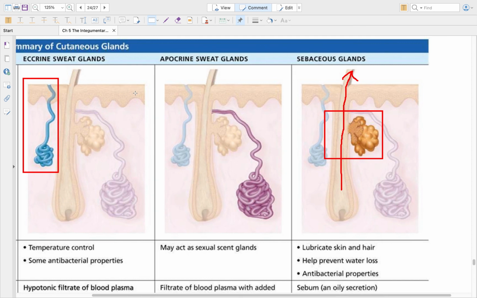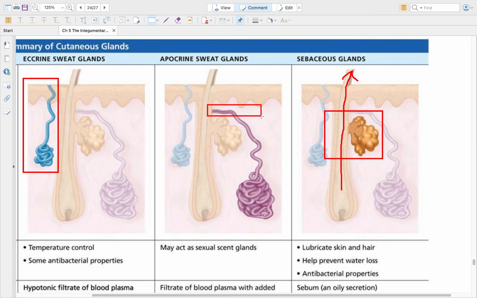An apocrine sweat gland looks kind of like the eccrine sweat gland, right? It's convoluted and knotted, so how do you know the difference? This one is bigger. And notice where it connects.